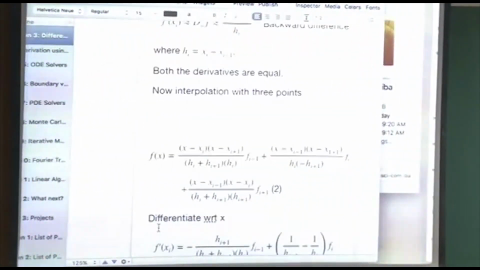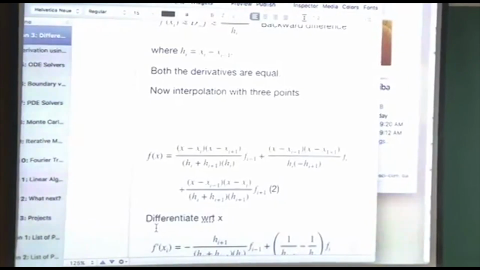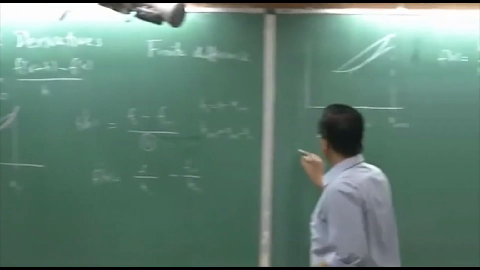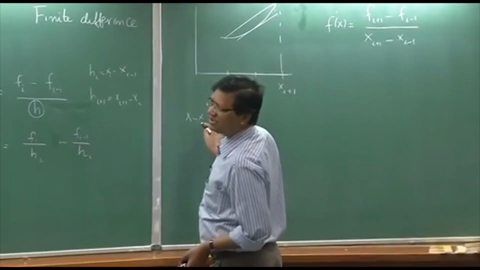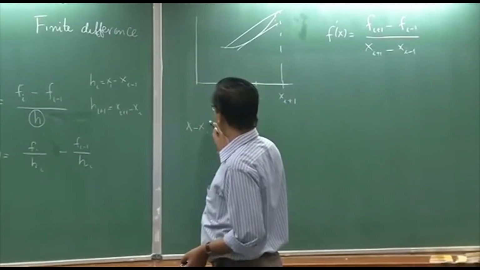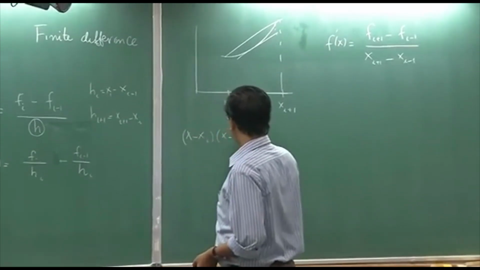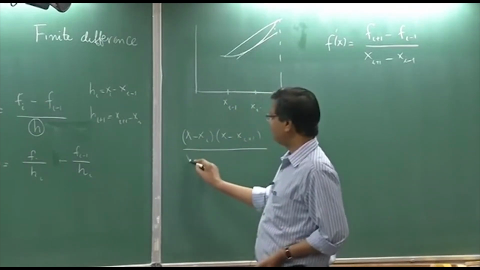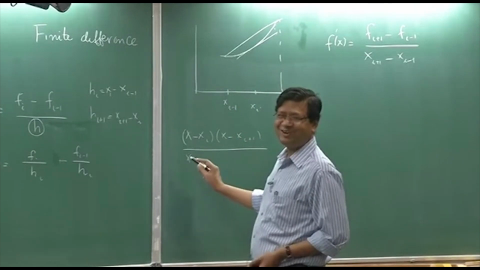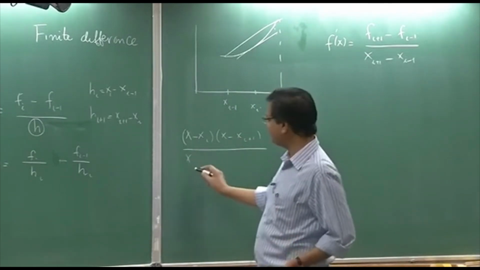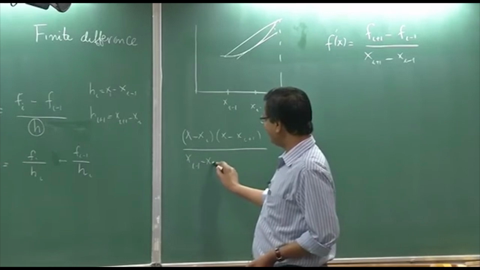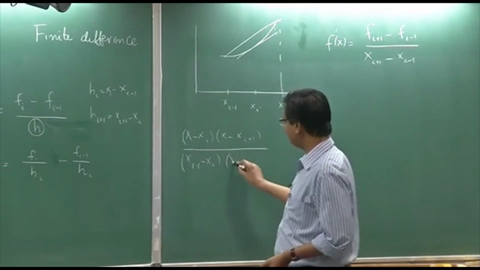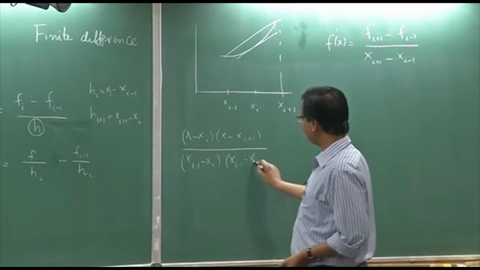So the first term is x minus xi, x minus xi plus 1, divided by what? Please do not forget Legendre, okay? The Legendre polynomial is the basis of everything. The denominator is xi minus 1 minus xi, xi minus 1 minus xi plus 1.